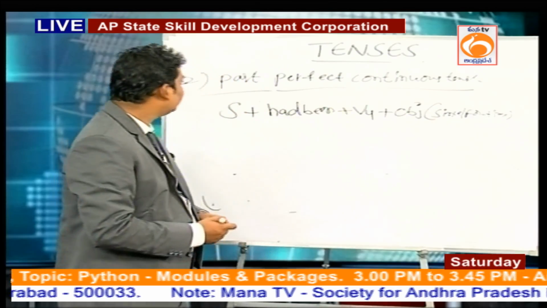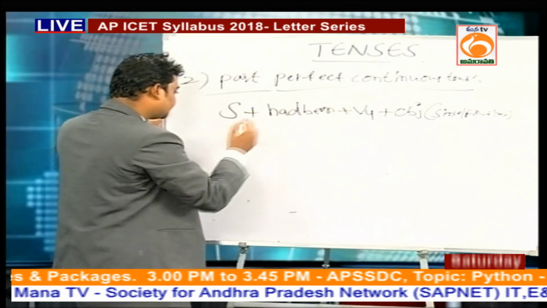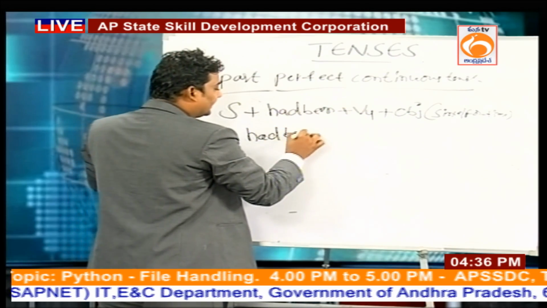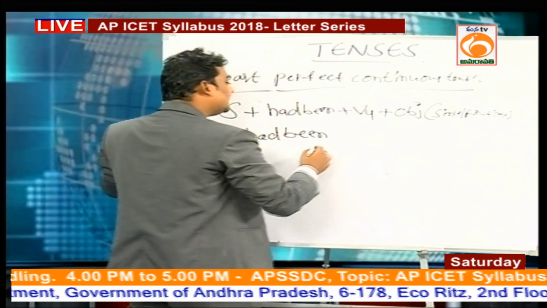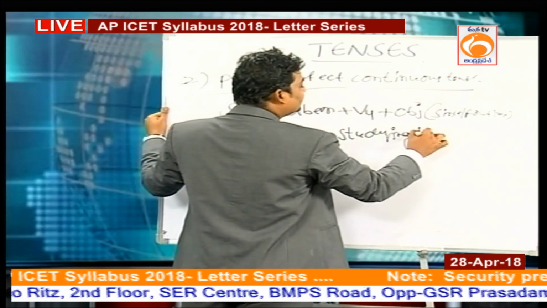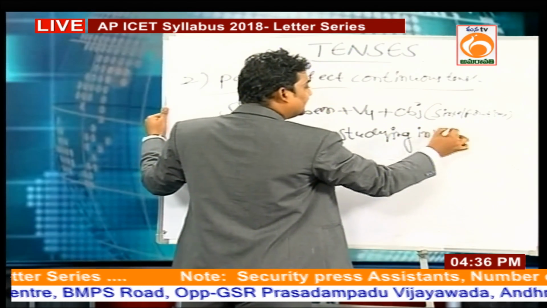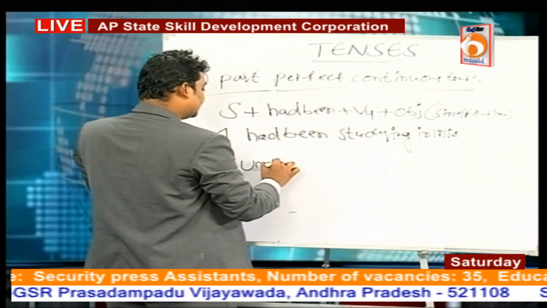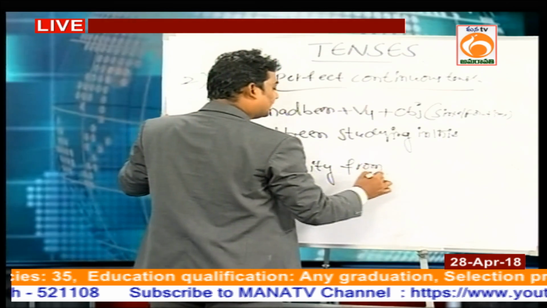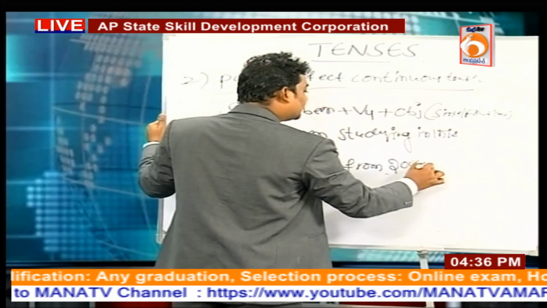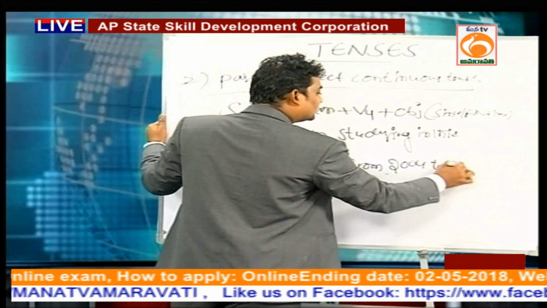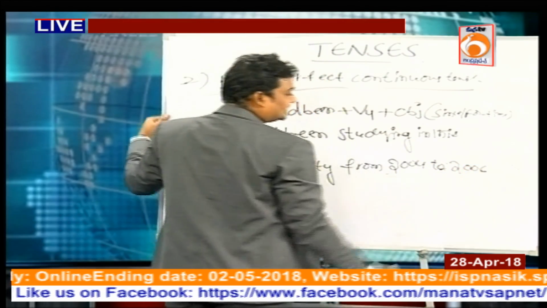The example for past perfect continuous tense: I had been studying in this university from 2004 to 2006.